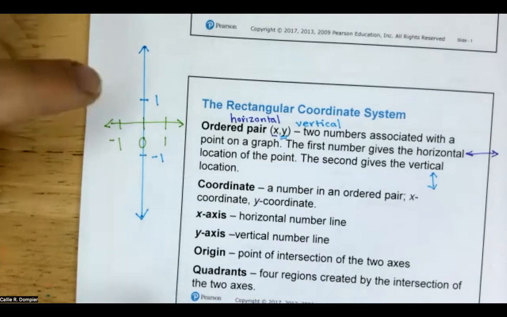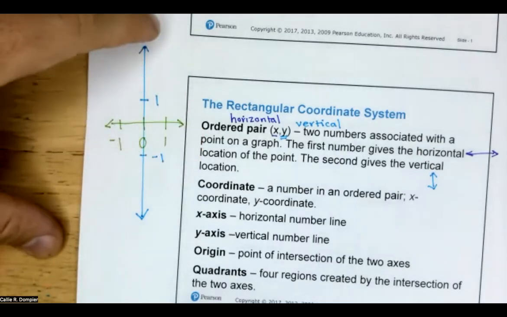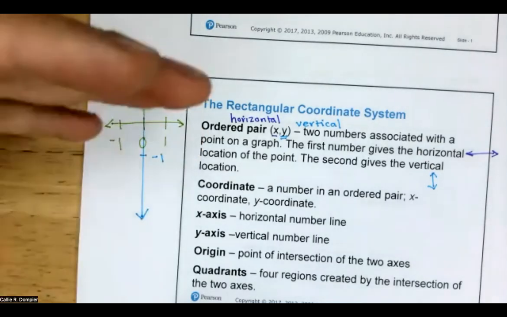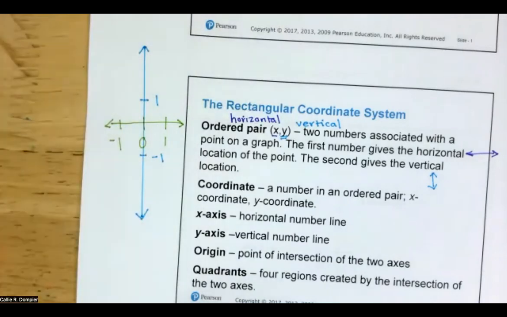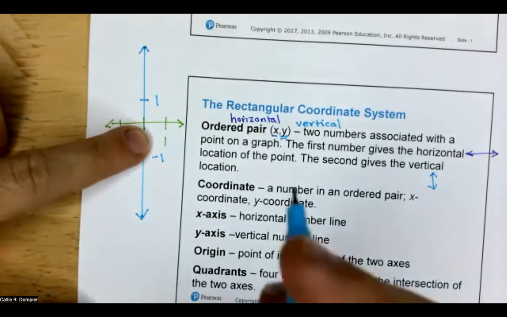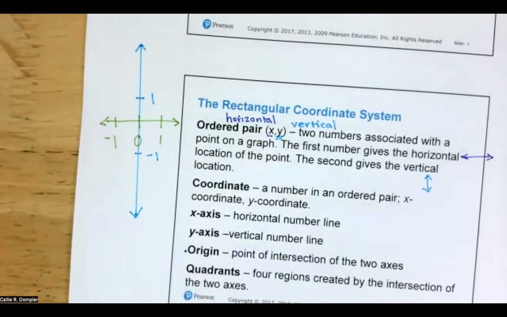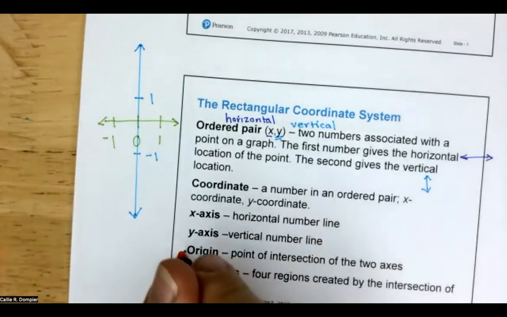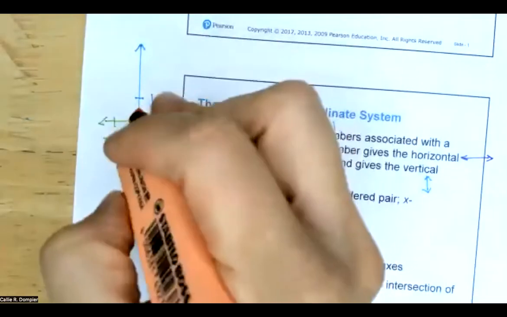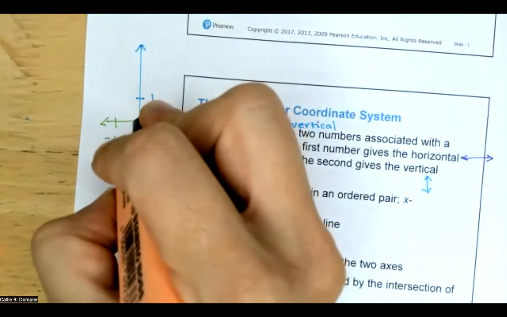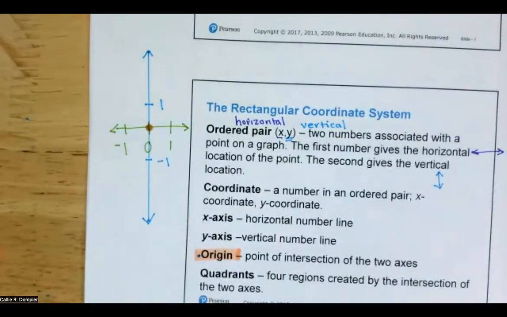So all I did was I took this number line and I added a second number line. So it's two number lines that cross. The place where it crosses is the origin. So the origin is the point where the two number lines intersect.